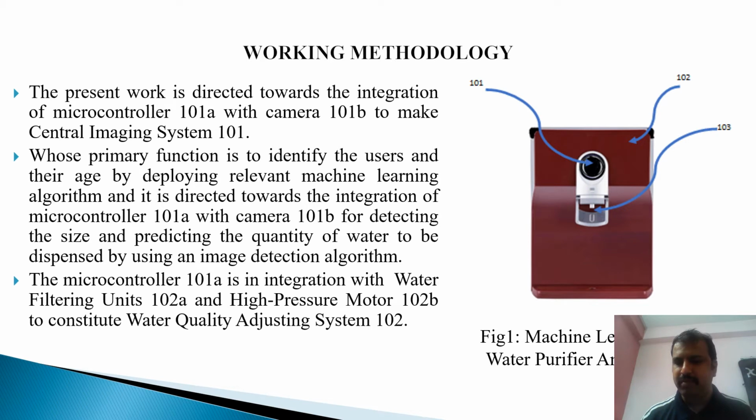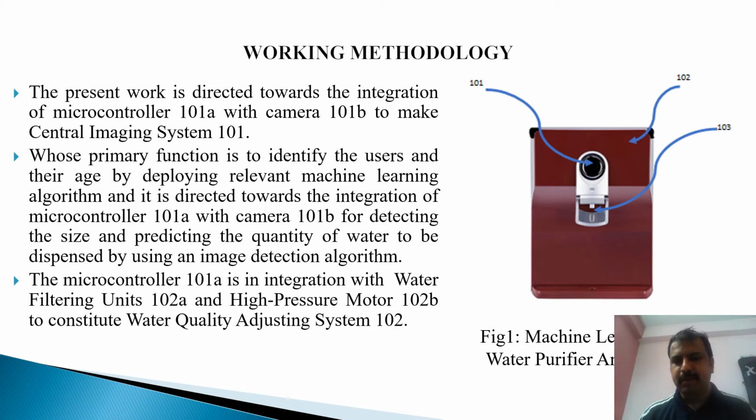Right, so 101B, the camera, will capture the user, and based upon the YOLO algorithm, the microcontroller 101A will detect the user's age as well as gender. Based on the age and gender, the microcontroller will decide which type of water quality has to be set for the user.